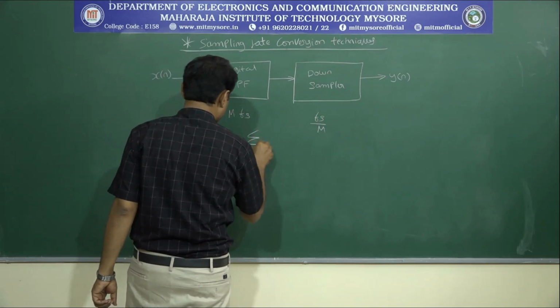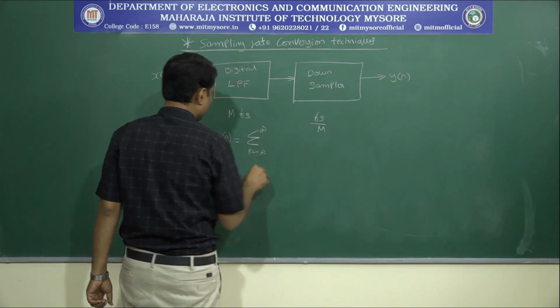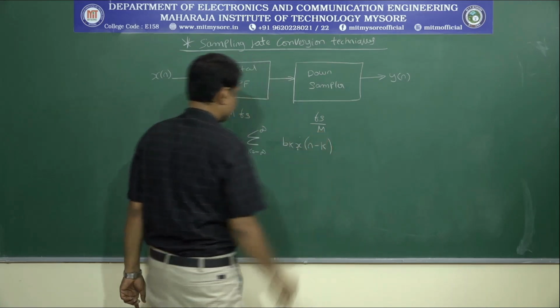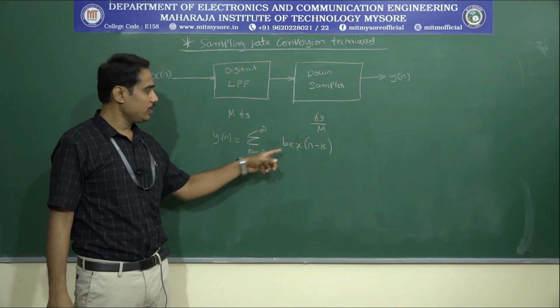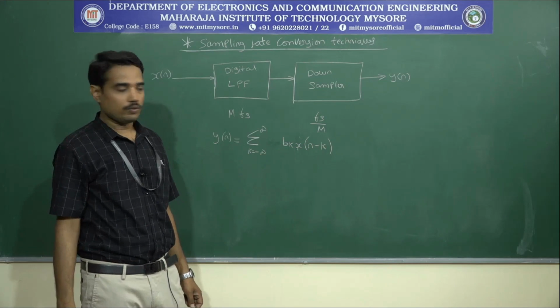which is represented as y of n equal to summation k equal to minus infinity to plus infinity b_k x of n minus k, where b_k are the filter coefficients.